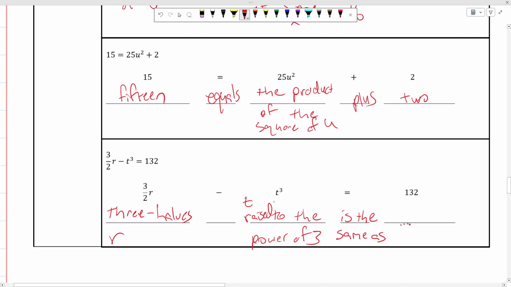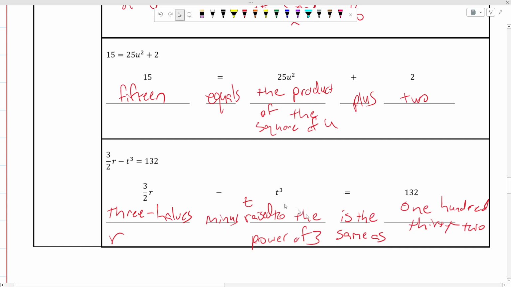A few different ways. They could leave it as 132. They may spell it out. This one, minus, just plain old minus is fine.